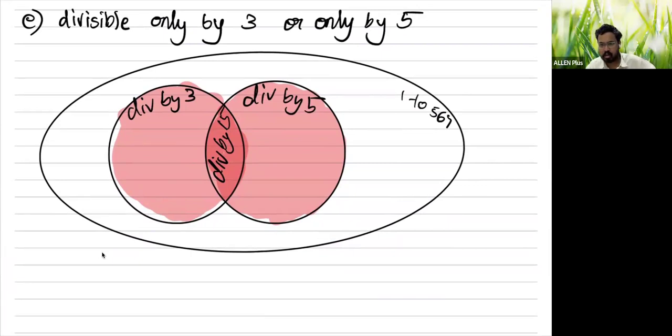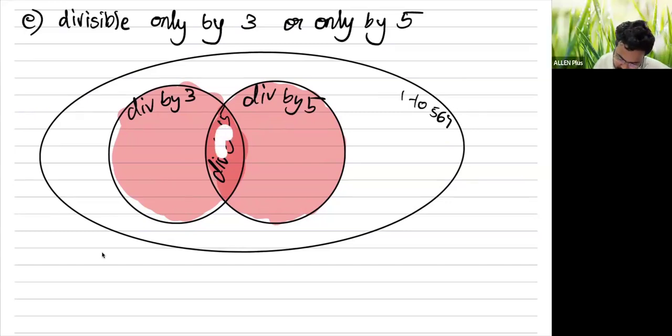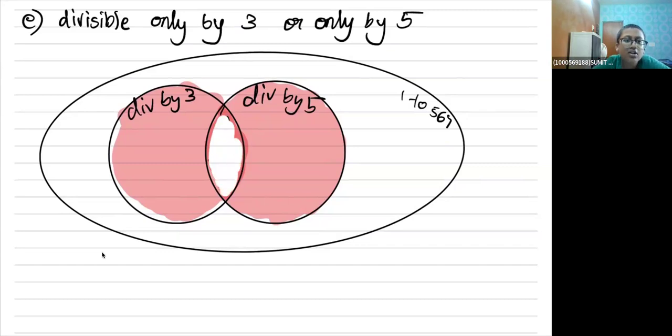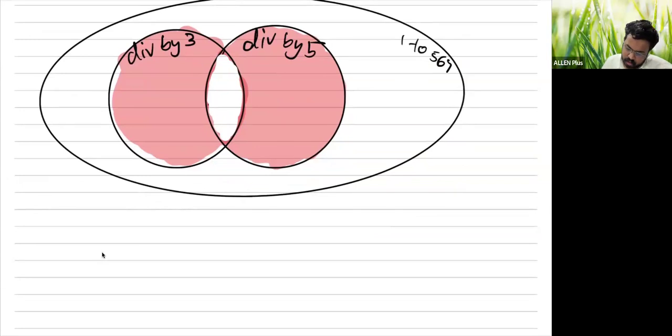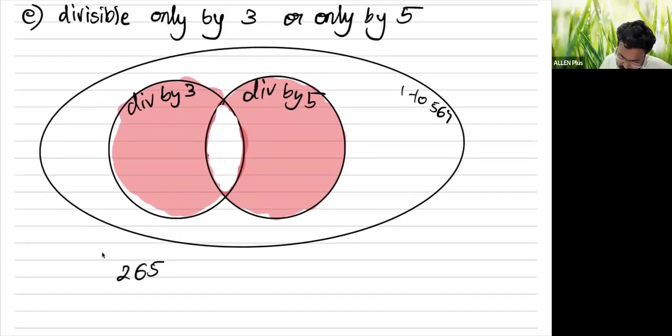Yes, sir. Binomial addition, I did. Sir, it can also be done by that method. Which method? Sir, it can also be done by binomial, sir. Sumit, I'll discuss bonus questions later.